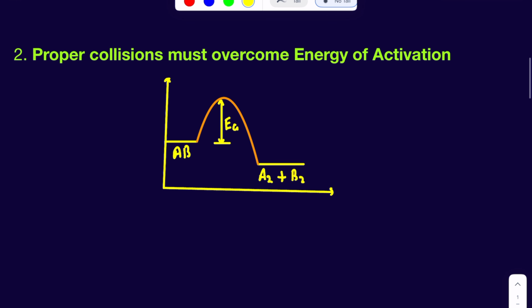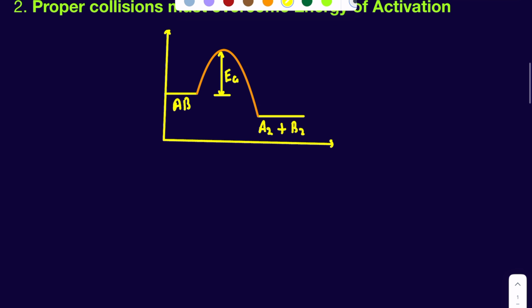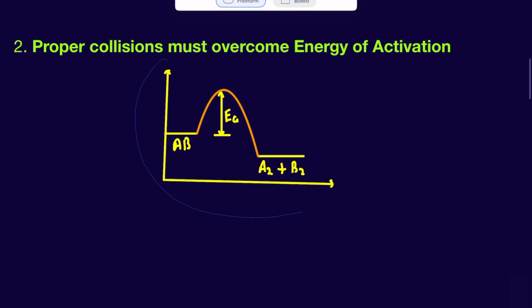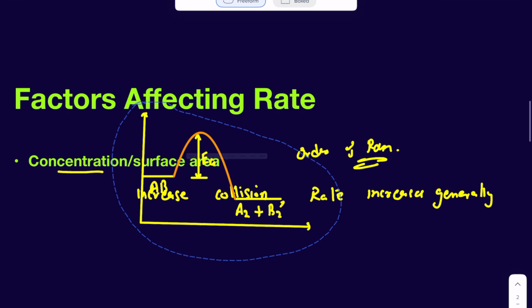Now the activation energy with the catalyst. What a catalyst does is it actually lowers the activation energy. So that means it increases the rate of the reaction. Now, what does that look like? So let me go back and copy this and bring this down.